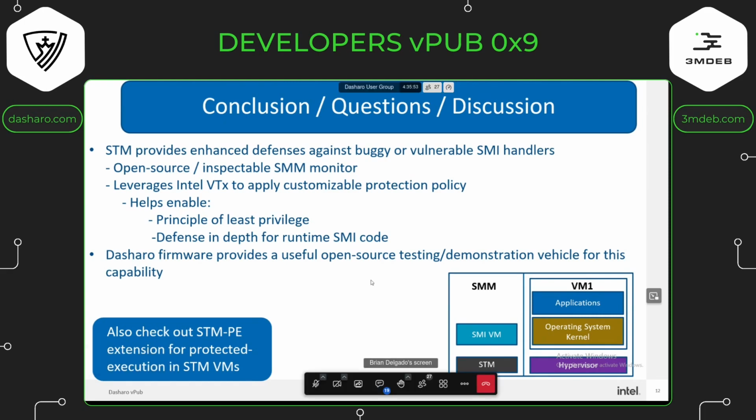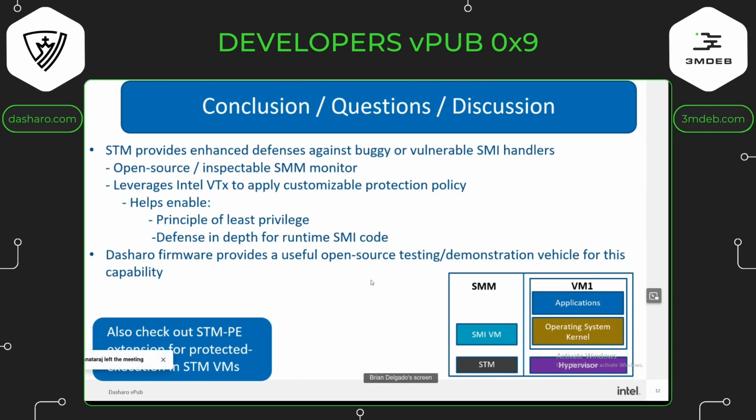And we have a QubesOS certified device with STM Dasharo, and that's just adding a capability which is called MSR firewall. So what's an example MSR that somebody might want to block?